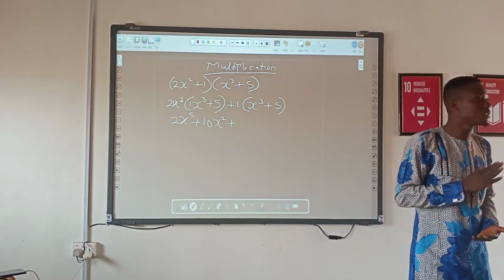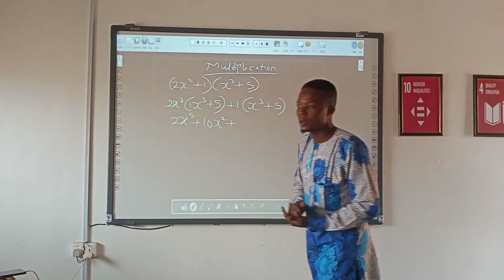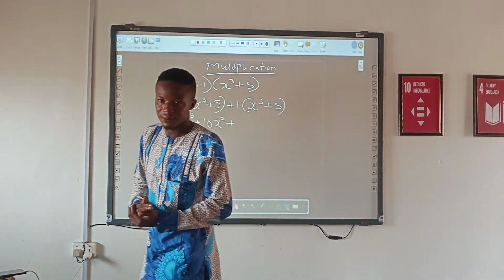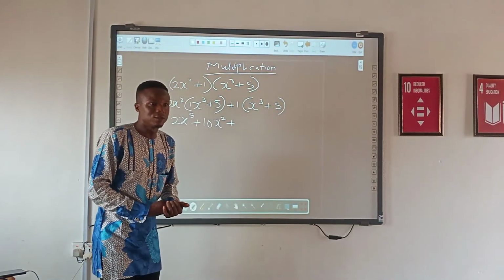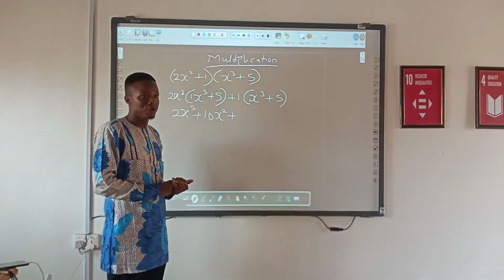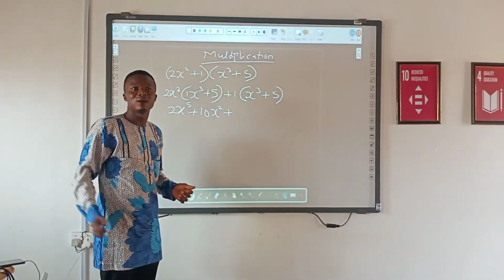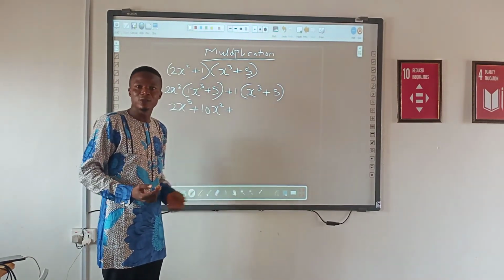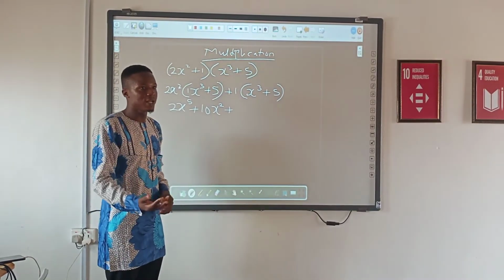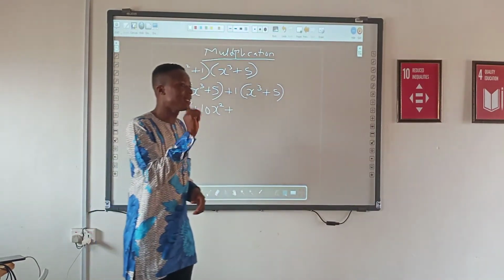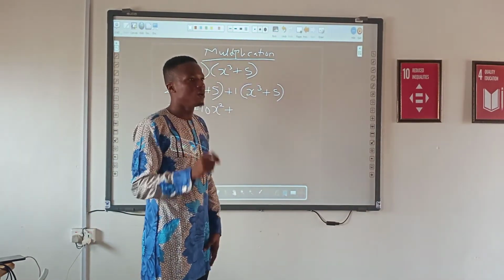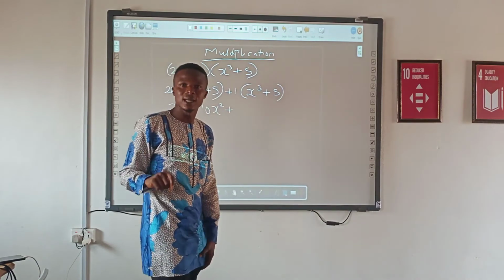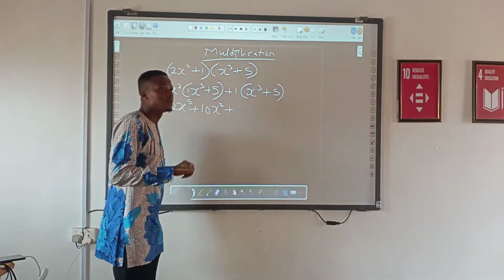So the identity of multiplication is 1 because anything times 1 will give us what? The same thing. What is the identity of addition? 0. Because if I add 0 to anything, I'll keep on getting the same value, isn't it? 8 plus 0 is 8, 9 plus 0 is 9, 10 plus 0 is 10. So 0 is considered as the identity of addition, while 1 is considered as the identity of what?